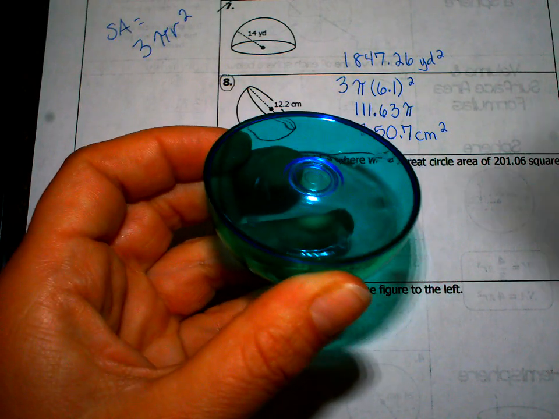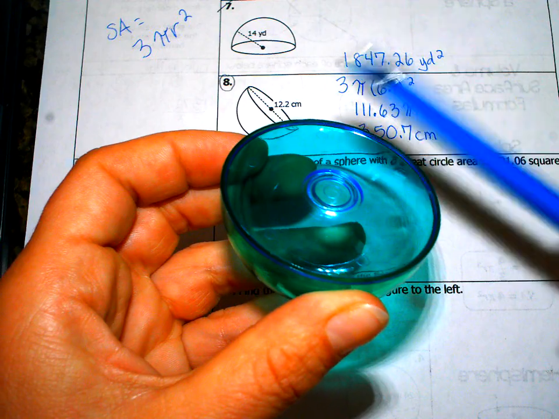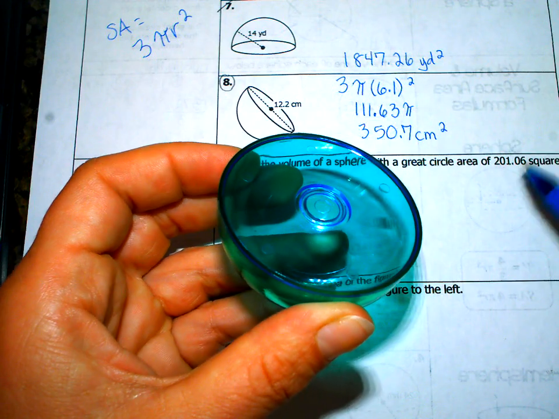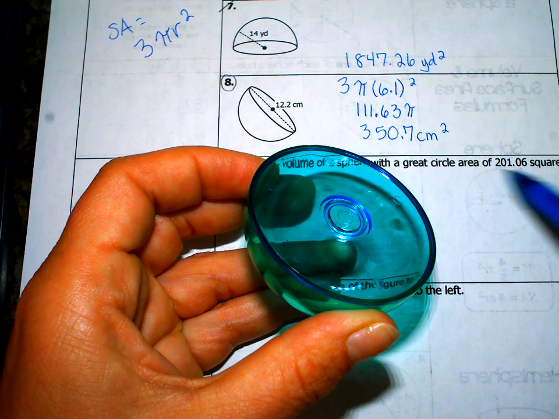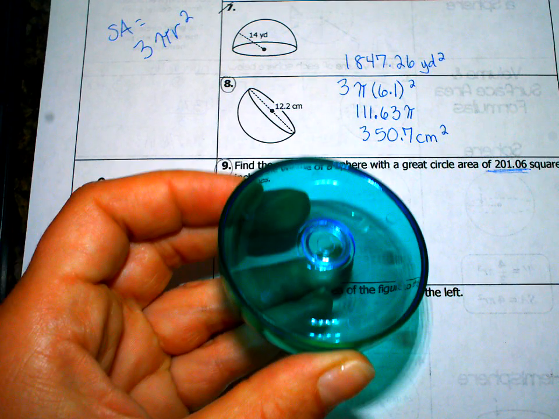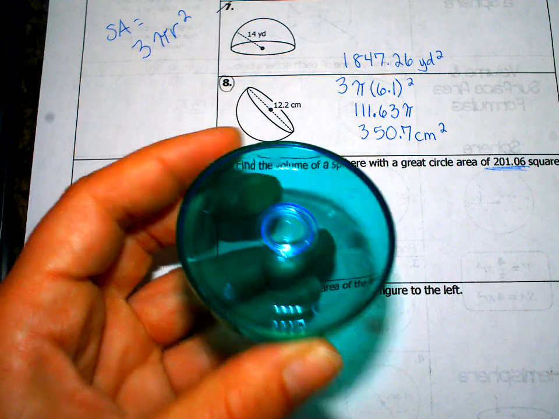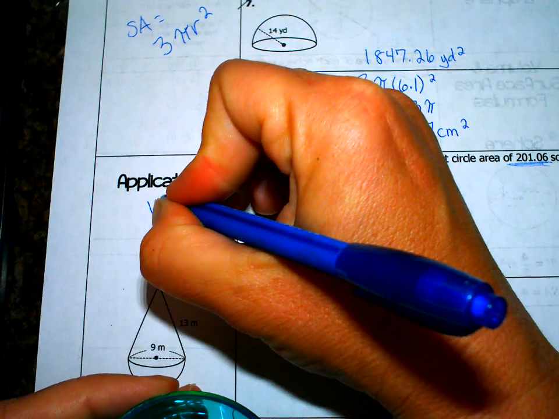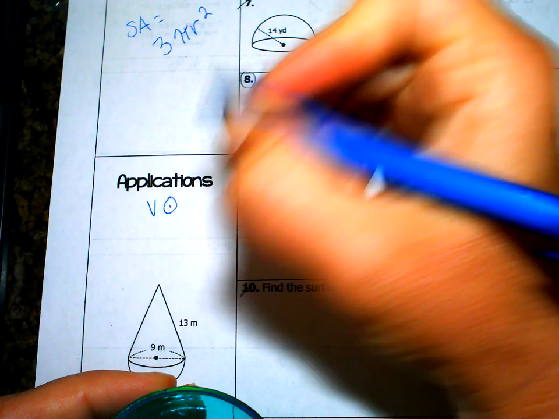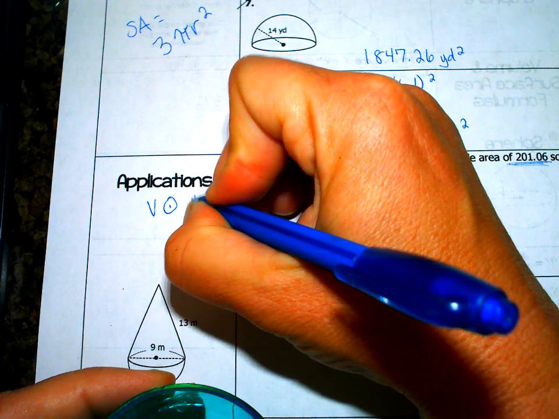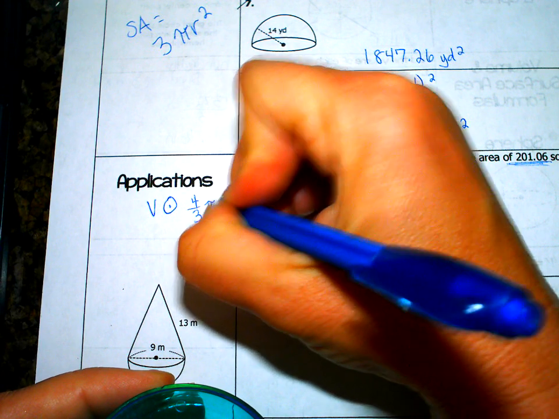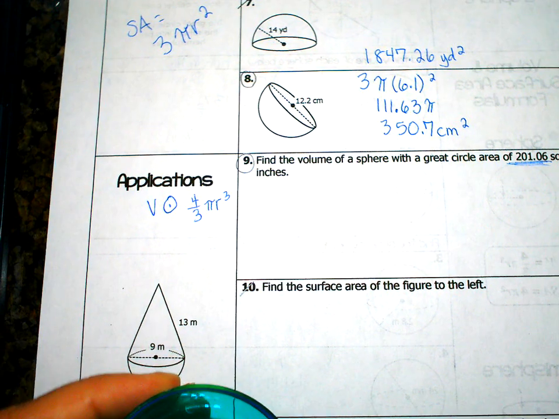Well, if I know that this flat area is 201, the volume of a sphere is 4/3 pi r cubed, right?